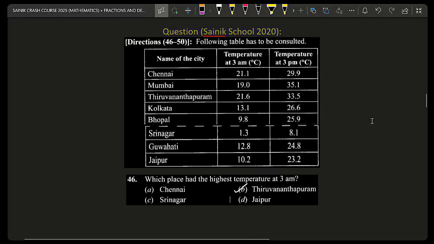All of you copy the table and the question. We're going to the next question now. So I'm waiting for you to copy the table first.